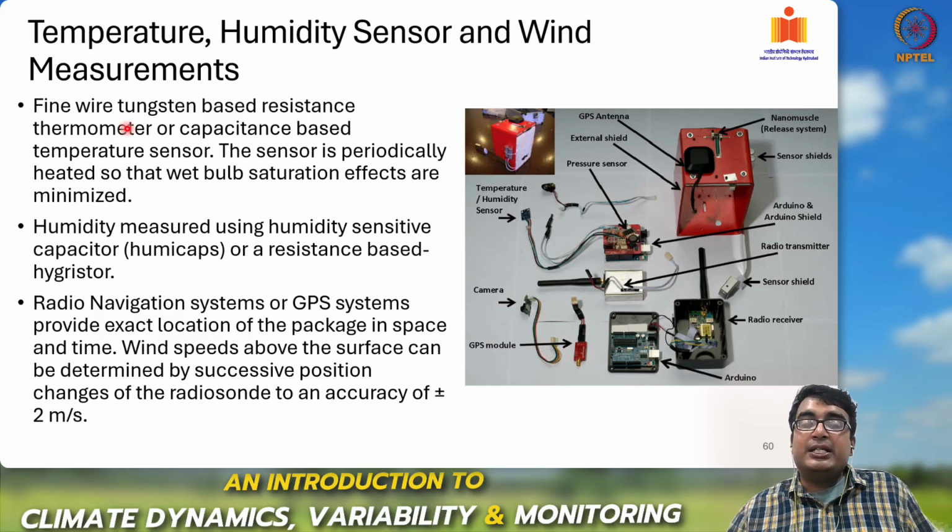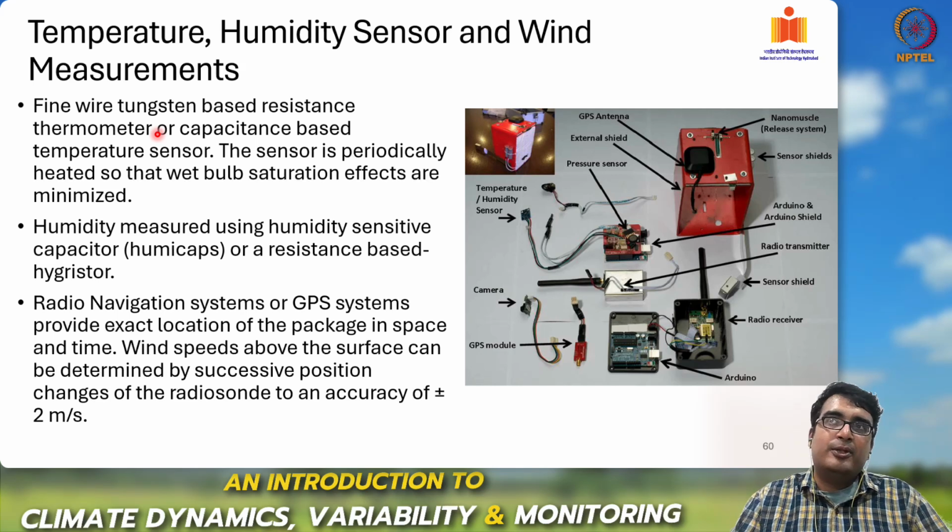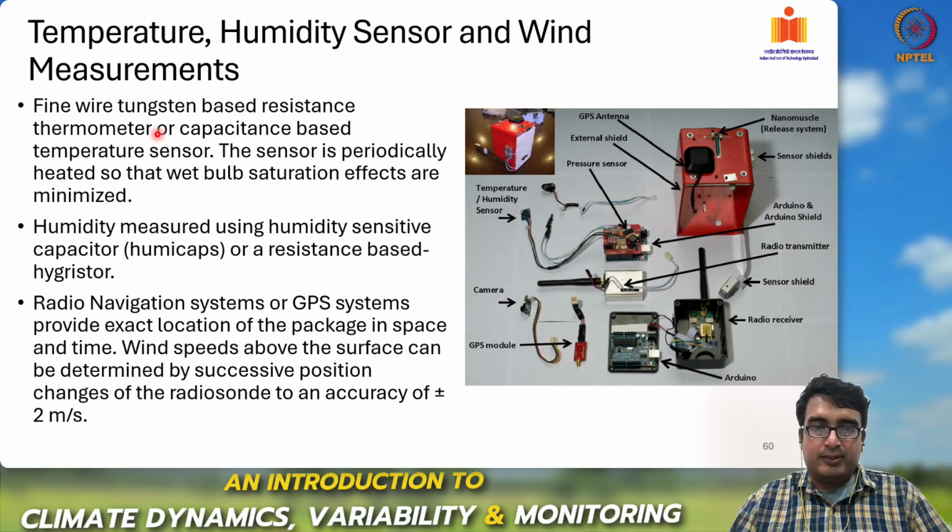Now temperature is measured using a fine wire tungsten based resistance thermometer. We have discussed resistance thermometers before. A tungsten based resistance thermometer is often preferred because tungsten has a very stable temperature range, as we discussed earlier in our classes. Often, however, a capacitance based temperature sensor is also used. It's just another type of temperature sensor where change in temperature causes a change in capacitance.